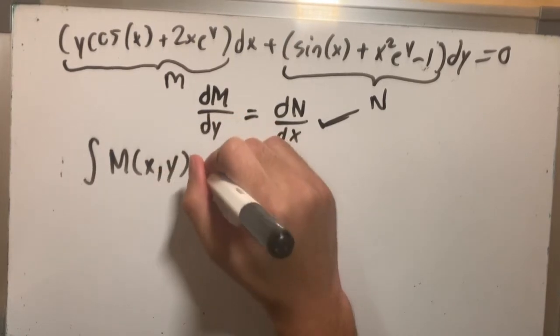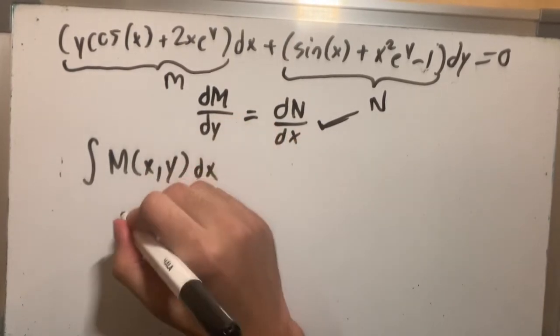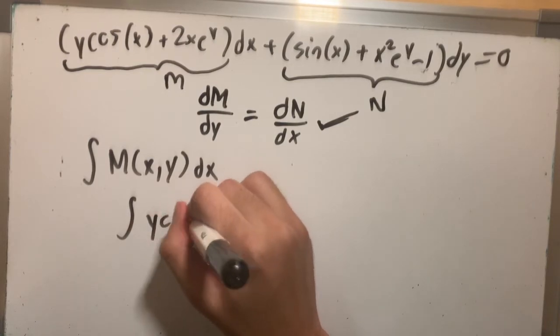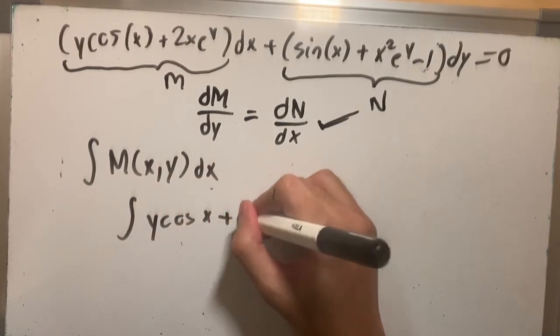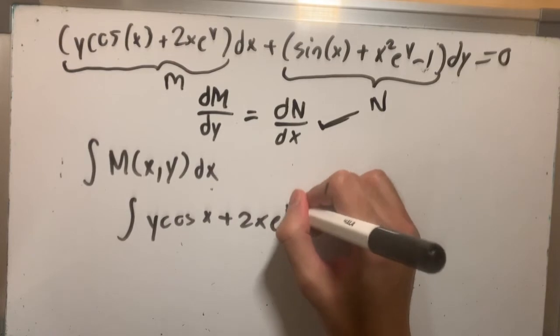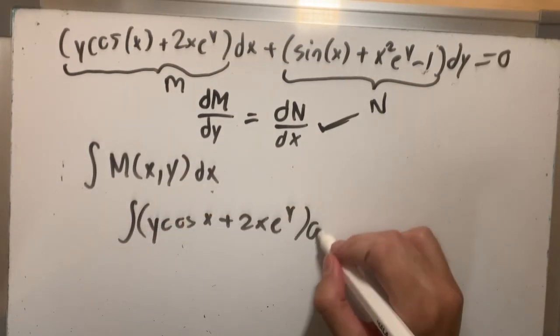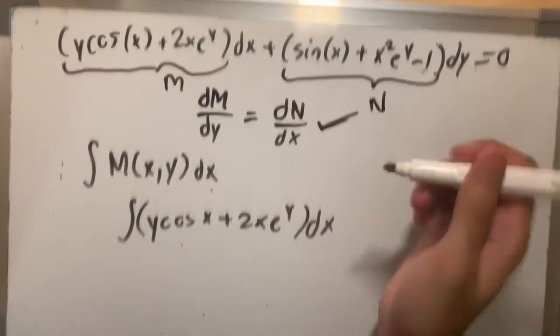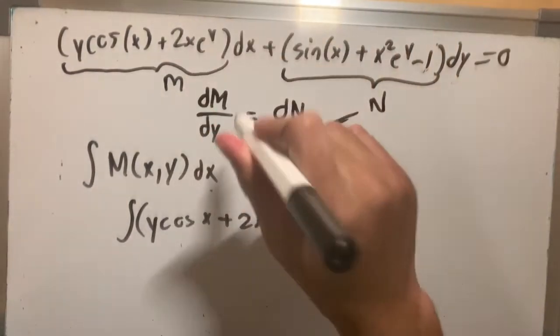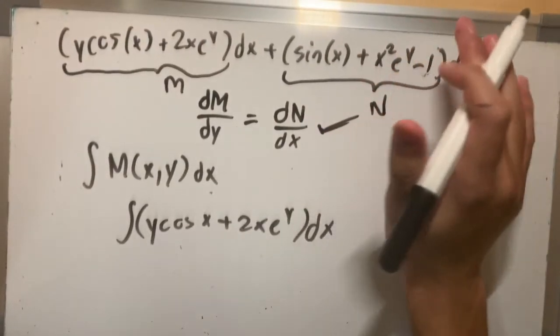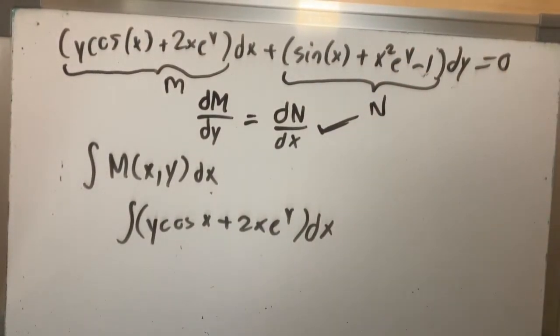M with respect to x, which is equal to y cos x plus 2x e^y. This is just like a procedure that you'll probably have to just memorize. You'll have to know how to do this. Don't ask why we find the integral of this. This is the process. Just know how to do it, okay?